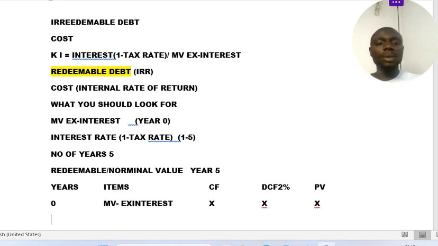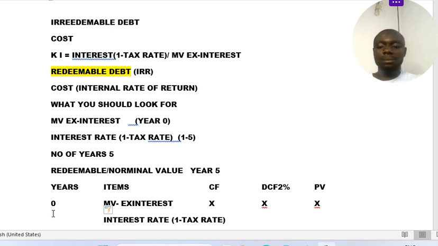Yes. We continue with the interest rate, times 1 minus tax rate. We look for the tax rate from the question. So this person will pay interest from year 1 to year 5. Let's assume 5 years.